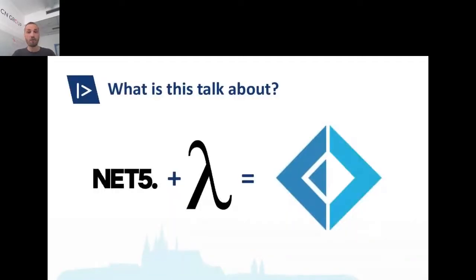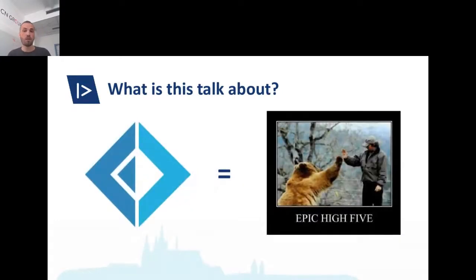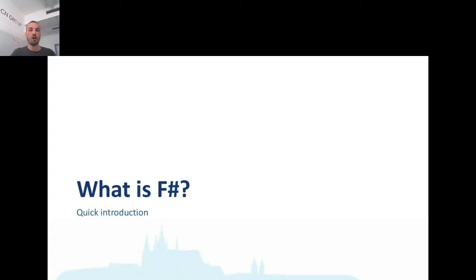So for me, when we are talking about .NET and functional programming, it's mainly about a language called F#, and for us, using F# is really an epic high five thing. So if you never heard about F#, I'll give you a quick introduction because I assume a lot of devs here are more familiar with C#, so I'll do a really short introduction of what F# really is and what you should keep in mind about this language.